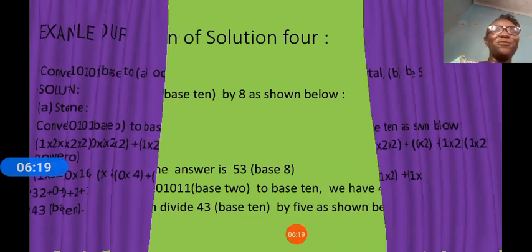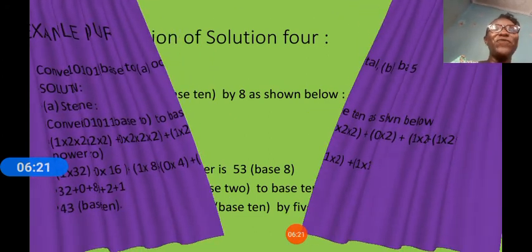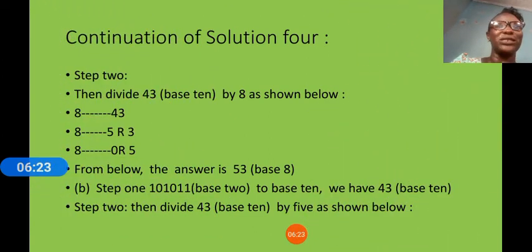Having converted to base 10, now we can move it to the required base, which is octal. So we are going to be dividing 43 by 8. And we'll get 43 divided by 8 as 5 remainder 3. Then 8 into 5 will give us 0 remainder 5. Now reading your answer from below, you have 5, 3, that is 53 in base 8 as your final answer.